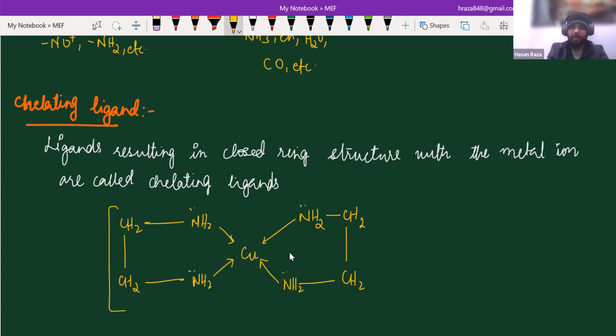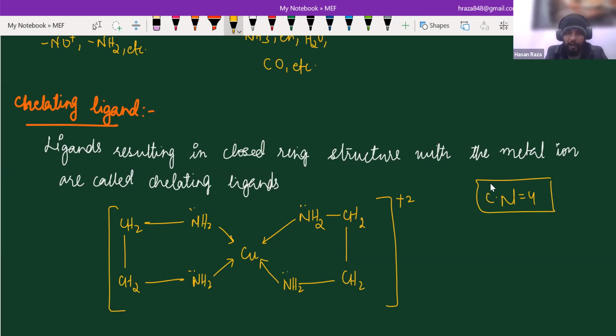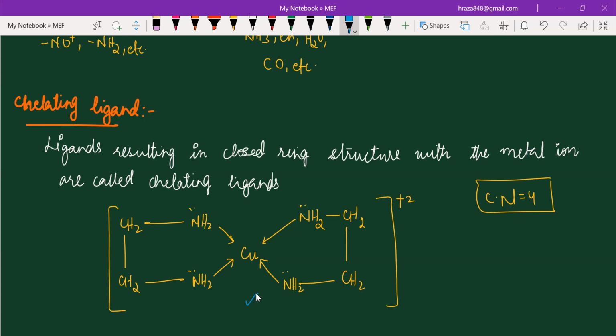That means one ligand will form two bonds. So two ligands will form four bonds. That means the coordination number of this is 4. And you can look at the structure of the compound, that it is a closed or ring structure. Is that clear? Yes, sir. Please do write.